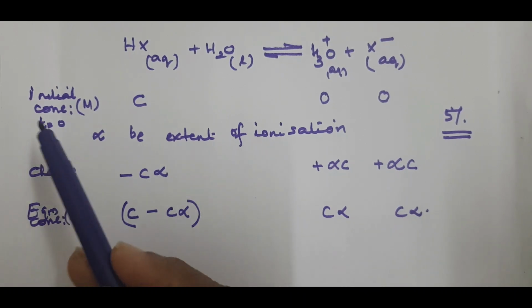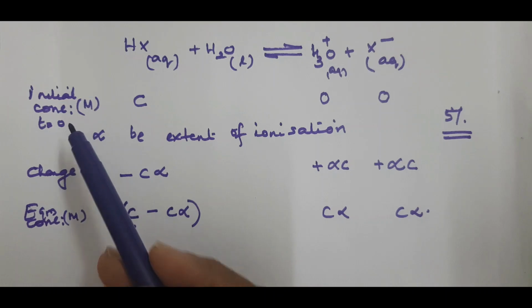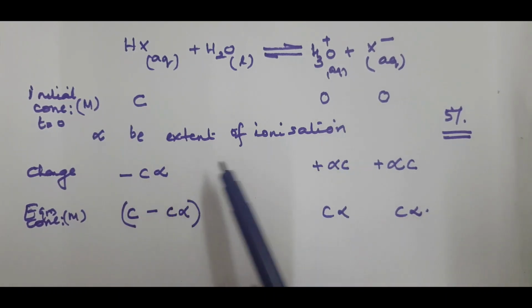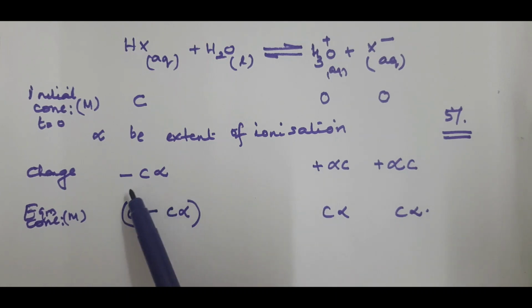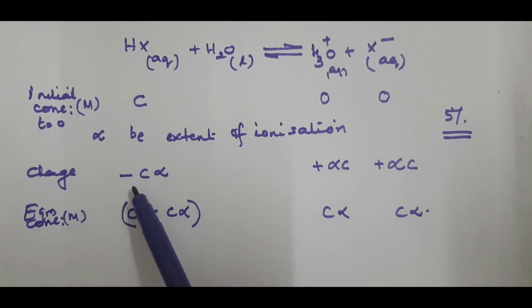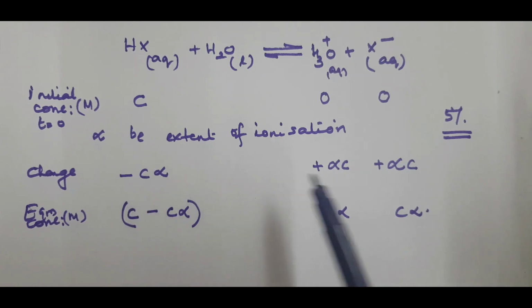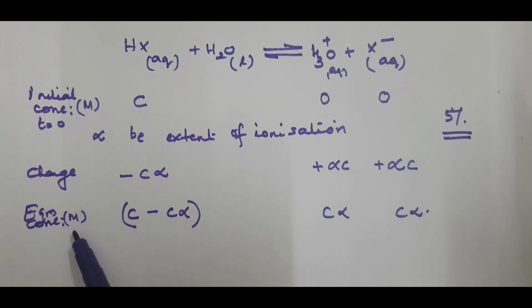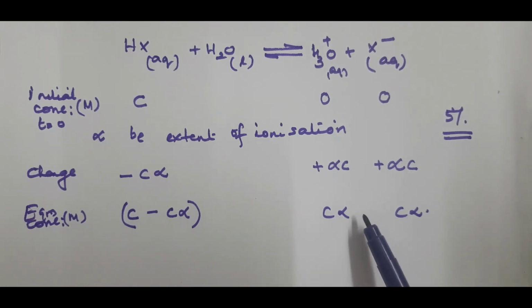At time t equal to 0, only reactant is there and the product is 0. If alpha is the extent of ionization, C alpha is the change in concentration, so how much is decreased in the reactant, that much is increased on the product side. Clear? At equilibrium, initial minus the change gives C minus C alpha for the reactant, and C alpha and C alpha for the products.